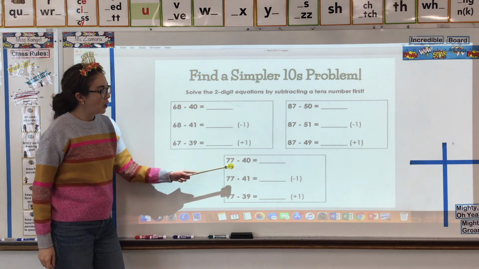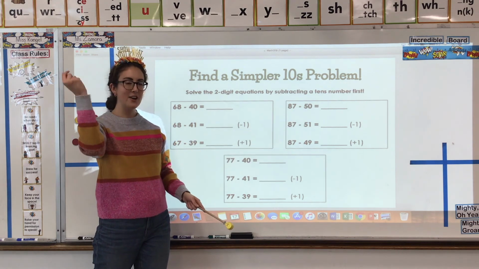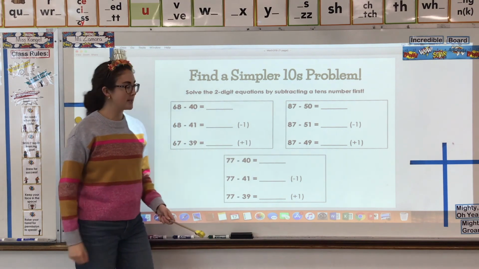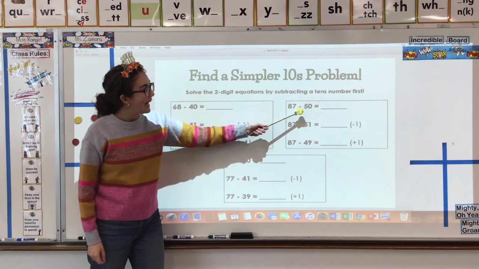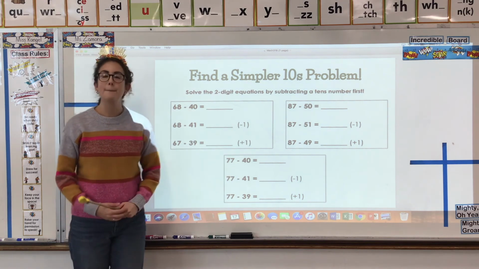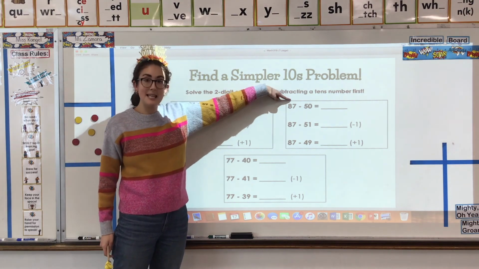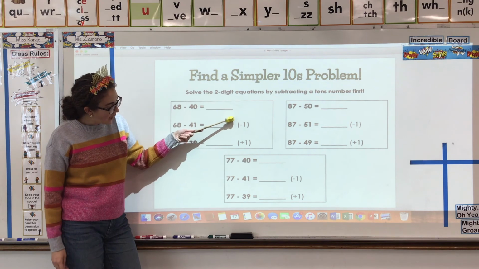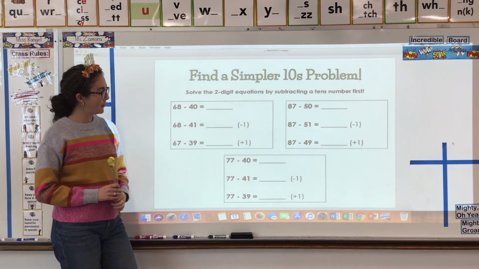On the top, you've got a tens problem that you're going to quickly solve in your head with mental math and use to solve the other problems in the box. We've got 68 minus 40, 87 minus 50, and 77 minus 40. You're going to use your knowledge of subtracting these tens to solve your other problems as well. And you've got your clues next to you of what you have to do for your second step.